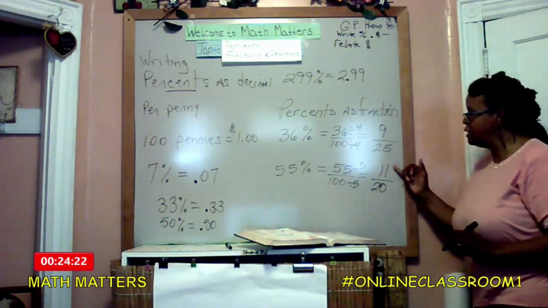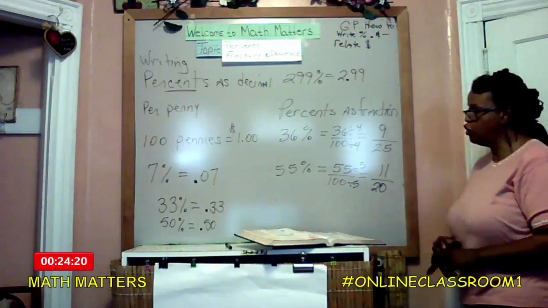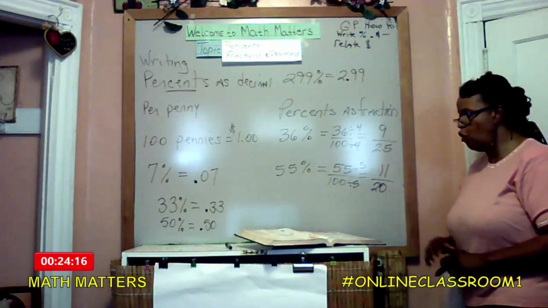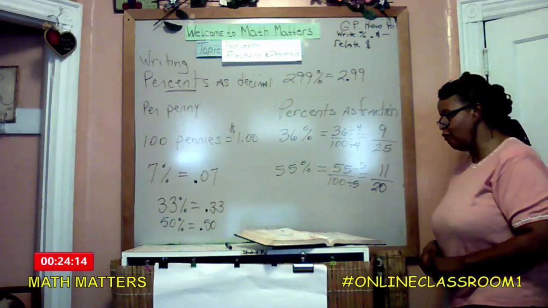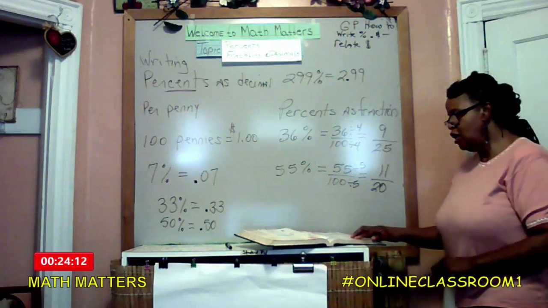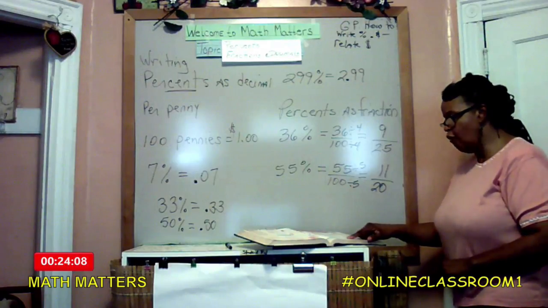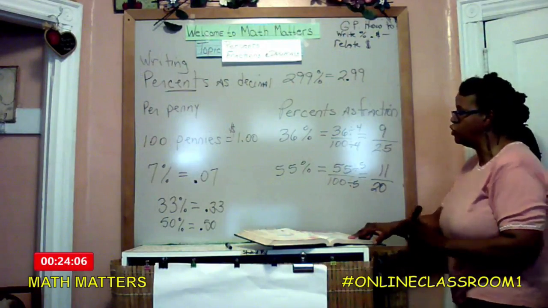Our answer is 11 over 20. 55% is actually 11 over 20 as a fraction. Any questions? We're going to write now 4% as a fraction.